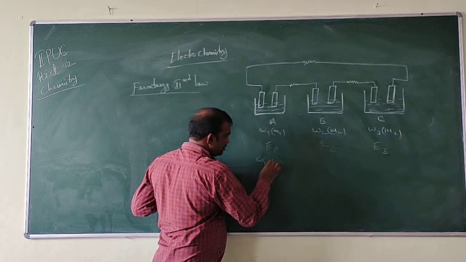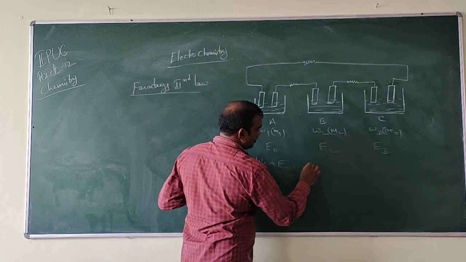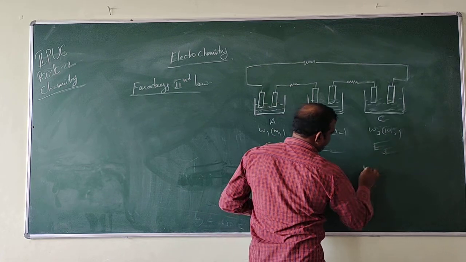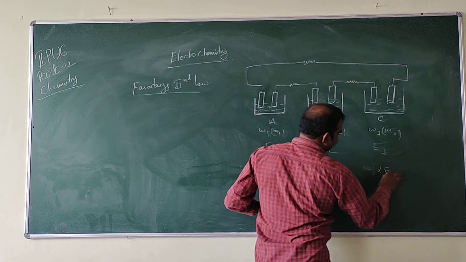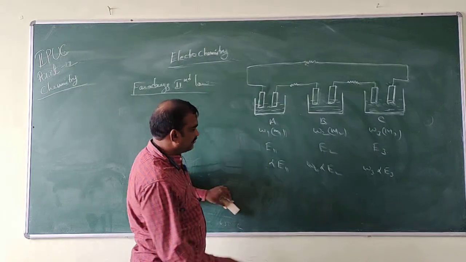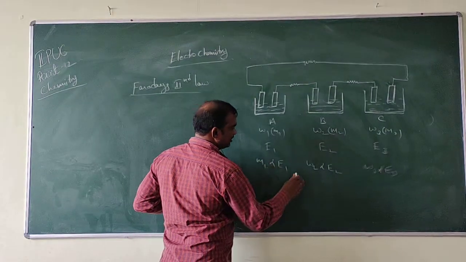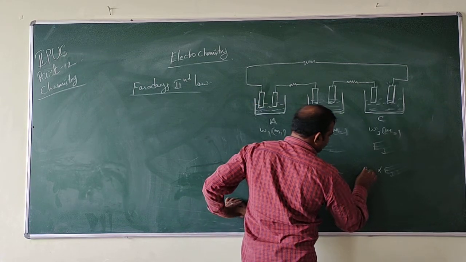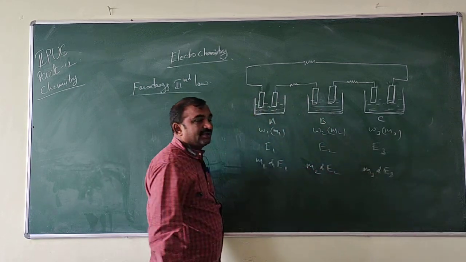That means W1 is directly proportional to E1, W2 is directly proportional to E2, W3 is directly proportional to E3. Or M1 is directly proportional to E1, M2 is directly proportional to E2, M3 is directly proportional to E3.